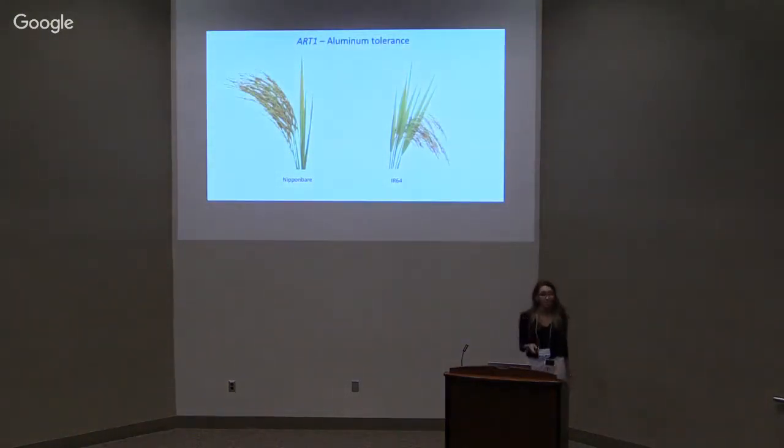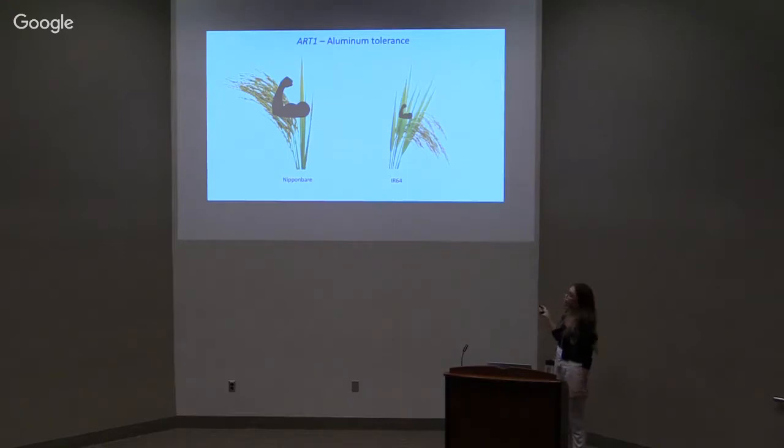So we are going to test these methods with a gene called ART1, which is found in rice plants and codes for aluminum tolerance. This gene has been well studied in other labs, like the Susan McCouch lab, and we decided to go with it because we have access to a lot of information on the ART1 gene. But also, we want to test this deletion and the allelic swap. Nipponbare is tolerant of aluminum, so we want to look into deleting that with the Cas9 and the guide RNAs so that we can see a phenotype of sensitivity to aluminum.